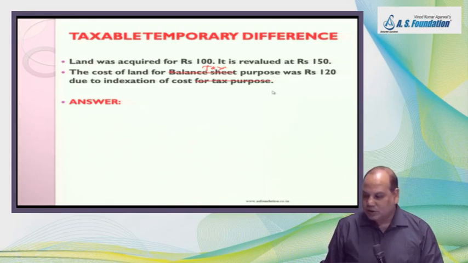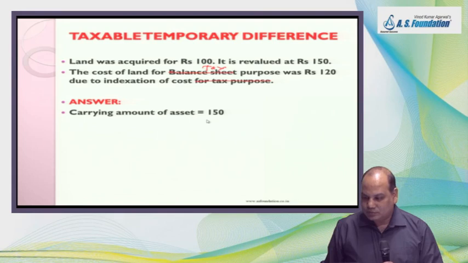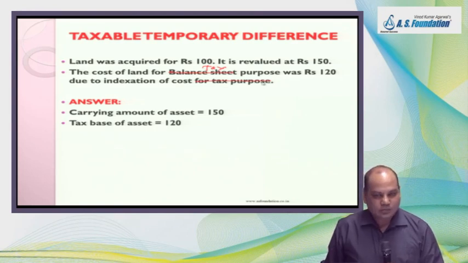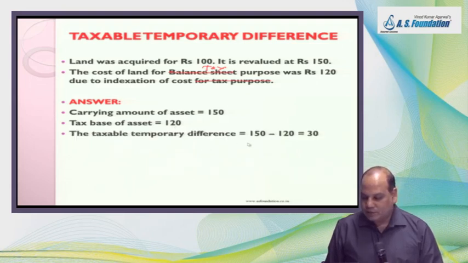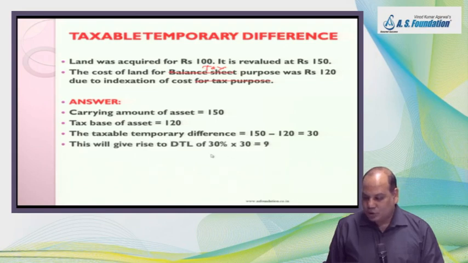Find out the DTA or DTL. So first write down carrying amount 150. Tax base will be after considering indexation, that is 120, the amount that will be deducted against future income. And then taxable temporary difference, TTD, 30. Next line. This will give rise to DTL of 30% of 30. Is it 9?